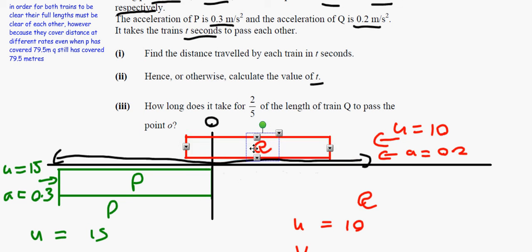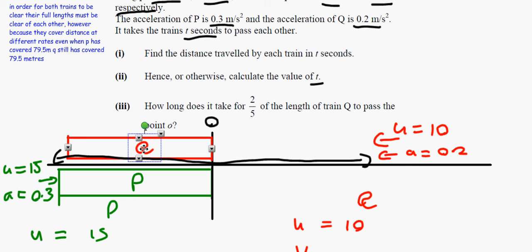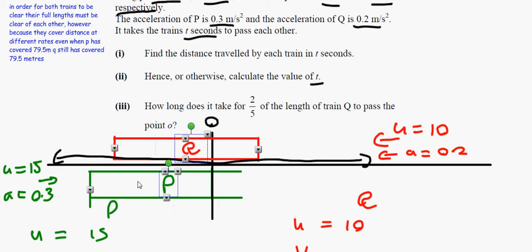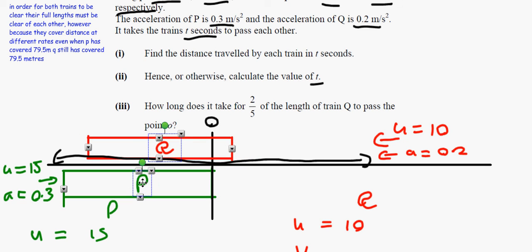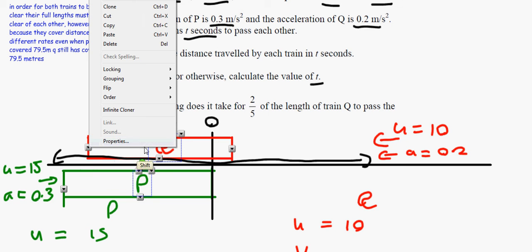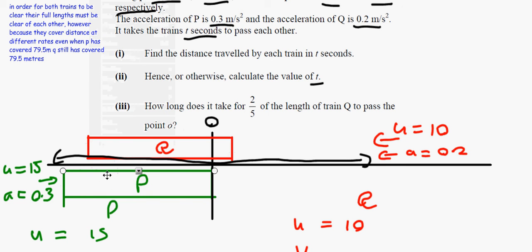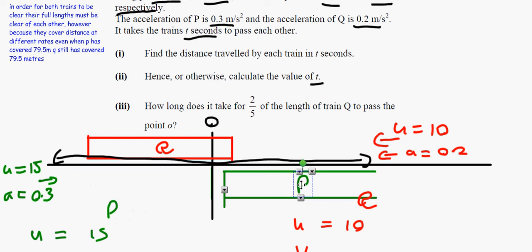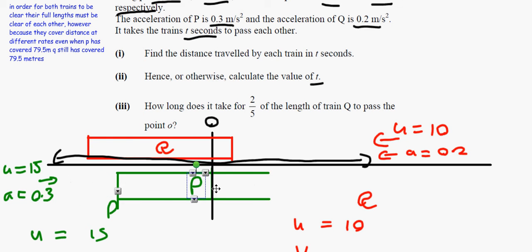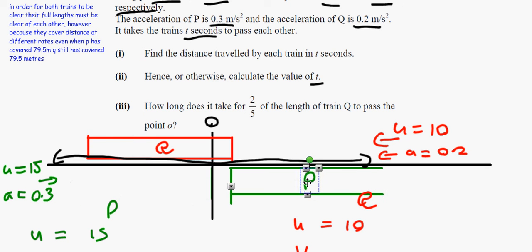They might not be completely passed out in the same way, because P will cover more distance. When P moves, because Q is moving slower, P will actually be out here when it happens. So that's what we've got to be aware of.